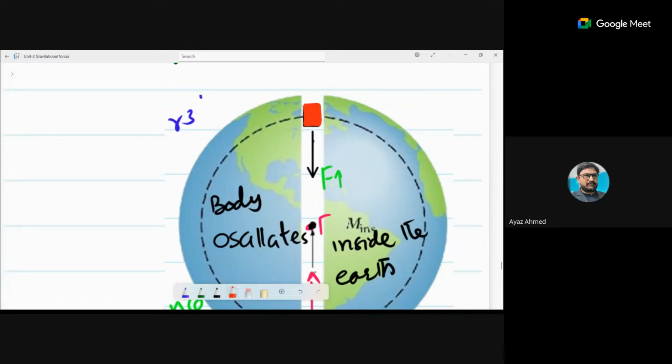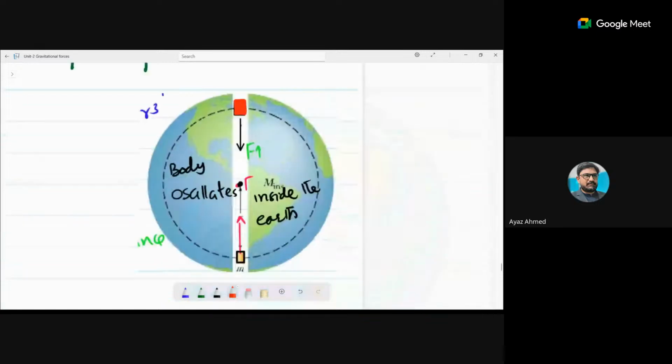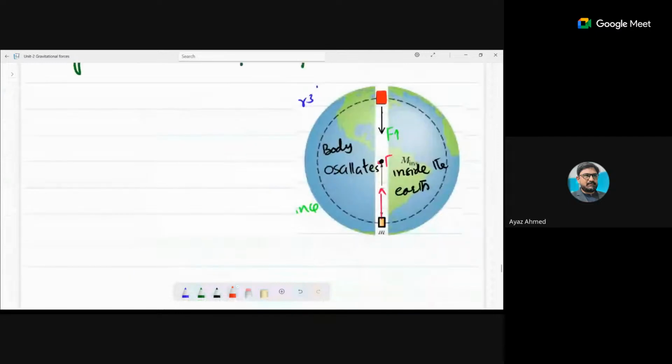When I drop an object, what will happen when it reaches the center? It will not come to rest here. It will cross this position and move to the other side. Then it would be attracted back and forth. In this way, the object oscillates in between.